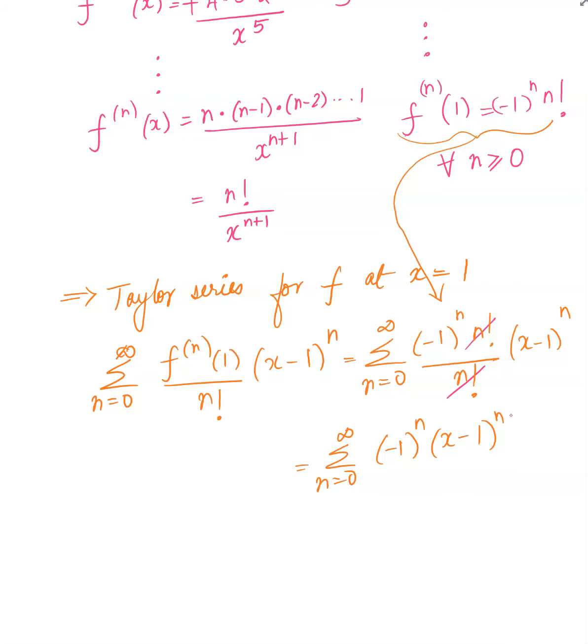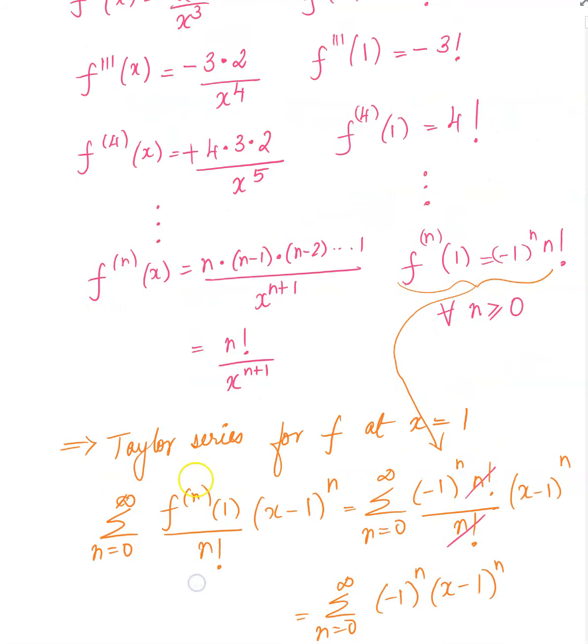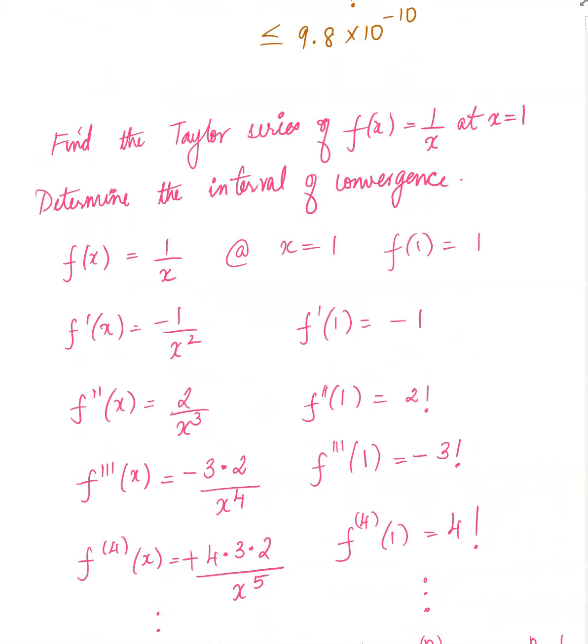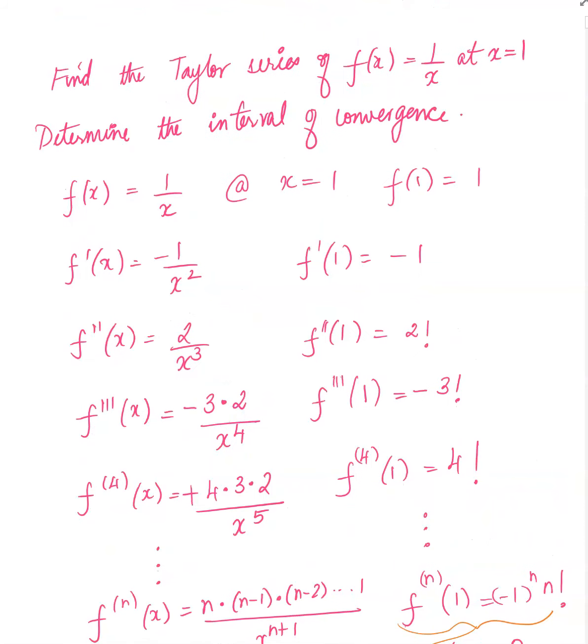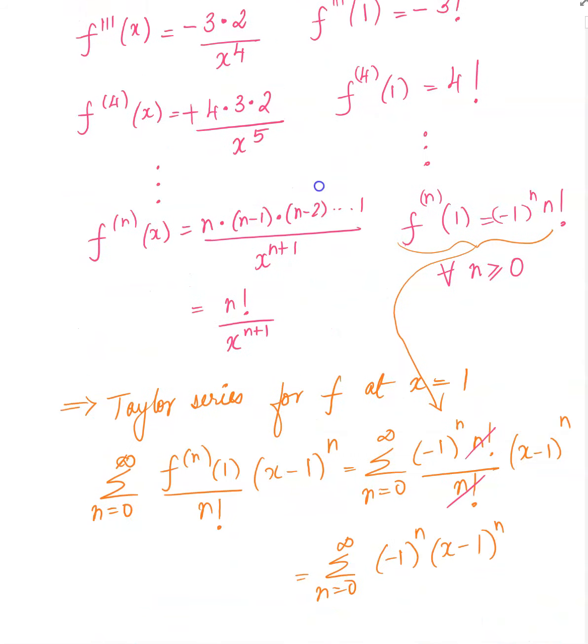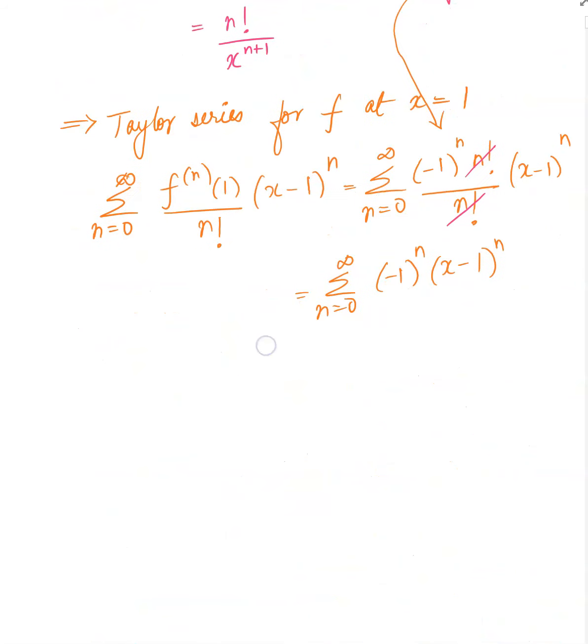Okay, so we found the series. They asked us to find the Taylor series. We found that. Then it says determine the interval of convergence. For that we have to go back to the lesson, actually chapter 4 and what we did in 5.1.